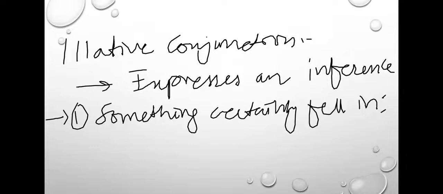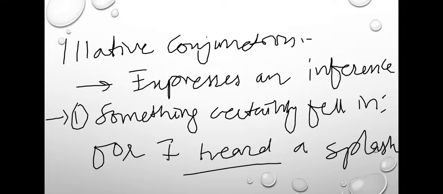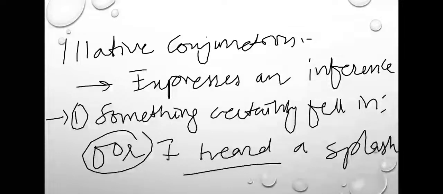We are going for: I heard a splash. Something certainly fell in, for I heard a splash. The conjunction is here. It is expressing an inference. Inference, okay? I can give you another example as well.